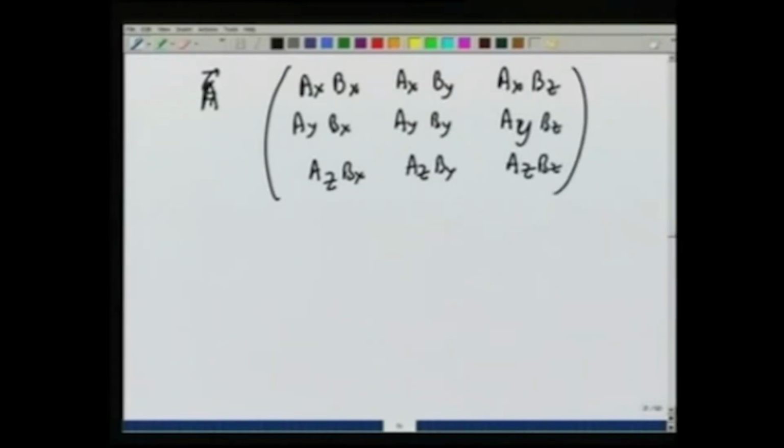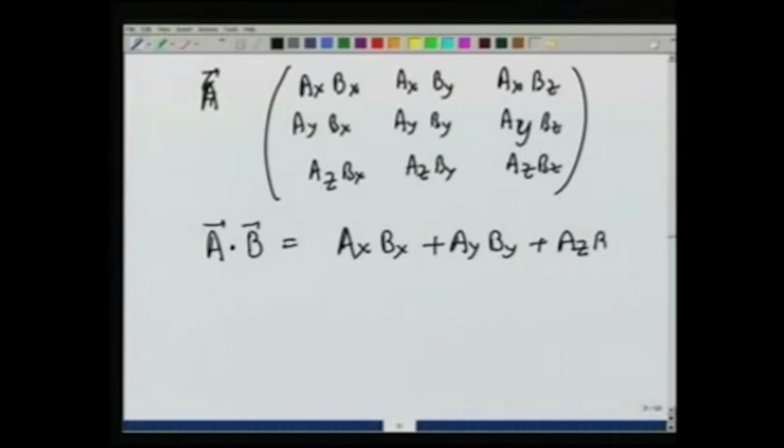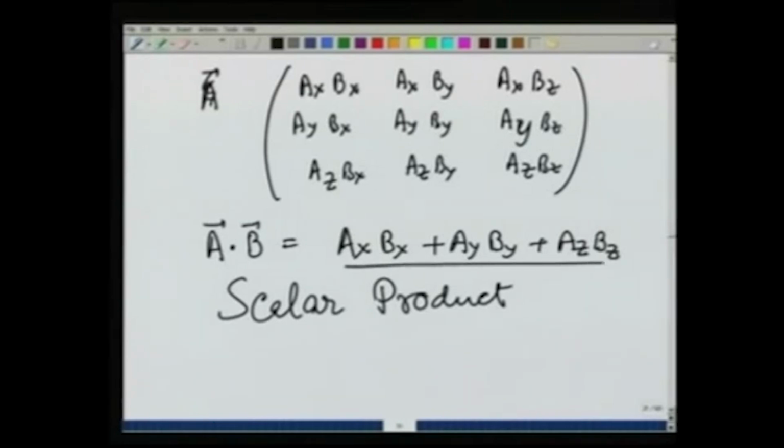Of all these 9 components, we took 3 of them and wrote a scalar product as the sum of ax bx plus ay by plus az bz, and we call this a scalar product. That is, if I take these components and add them up, this gives me a number which is scalar. How do I prove it?